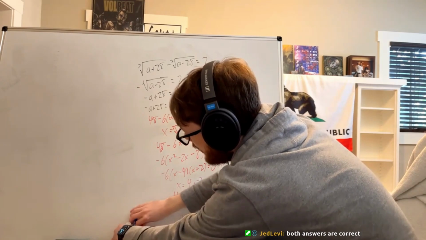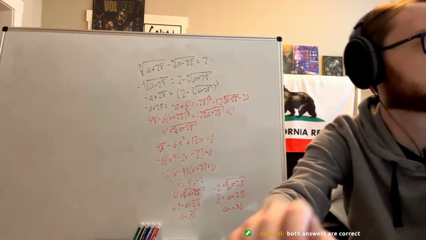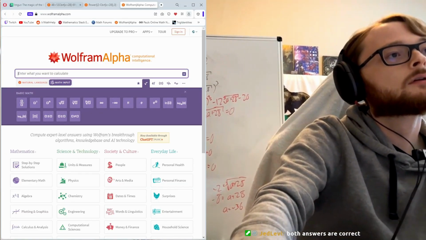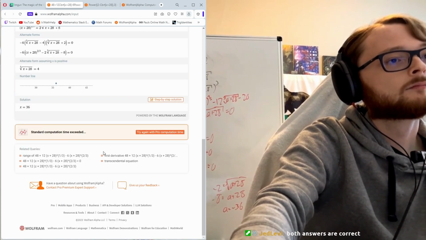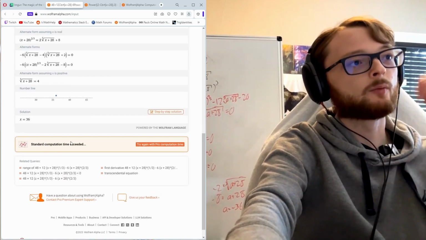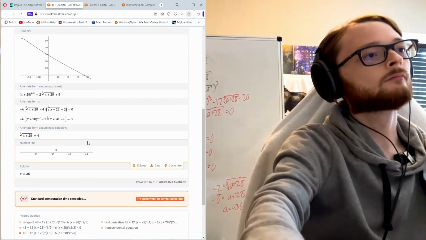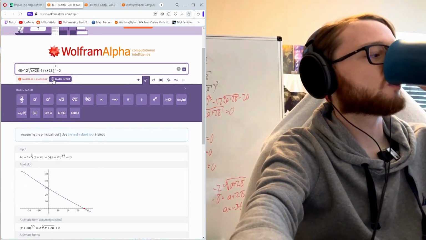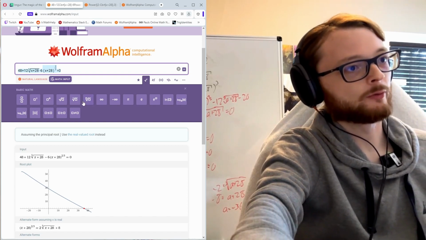I wonder why Wolfram Alpha only gets the positive solution, not the negative one. Let's look and see if they made an assumption. Standard computation time exceeded, that might be why. Let's give it the original as well.